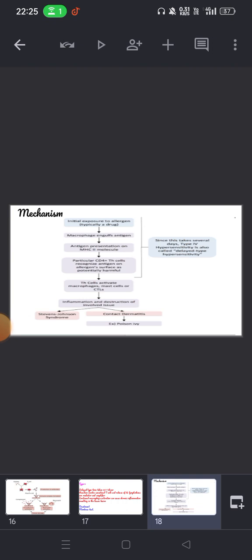The Th cells recognize the antigen on the allergen surface as potentially harmful. Th cells activate macrophages or CTL cells. Inflammation and destruction of the involved tissue, which are divided into two parts: Stevens-Johnson syndrome and second is contact dermatitis.